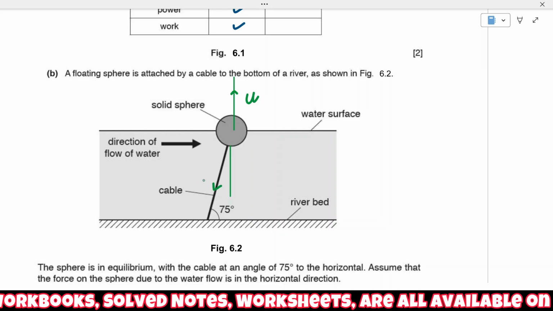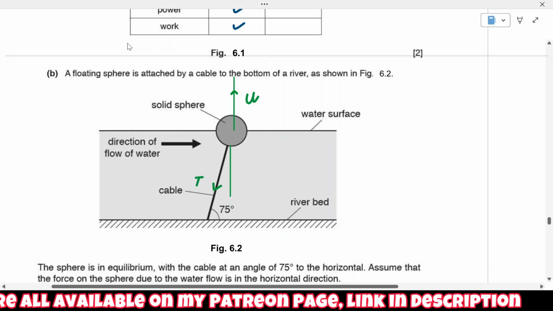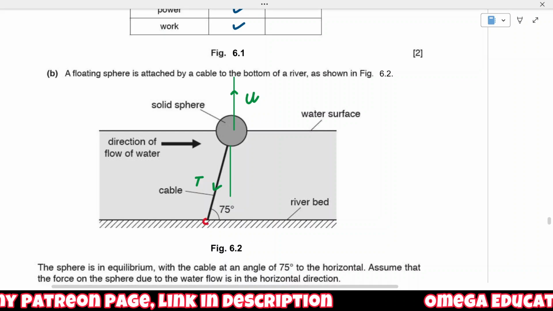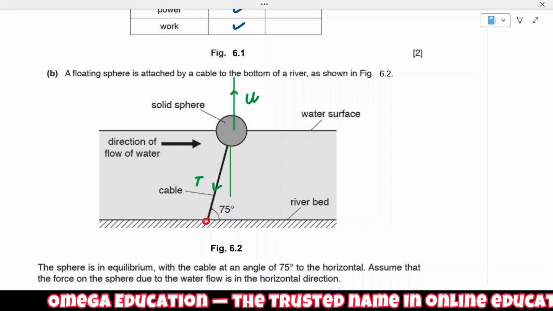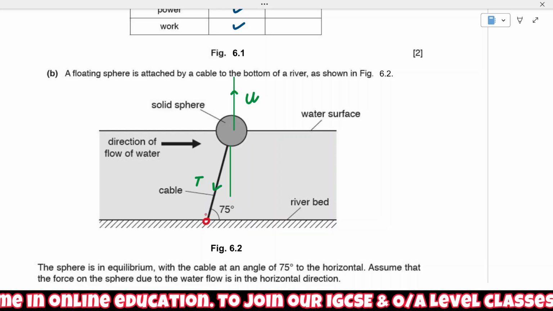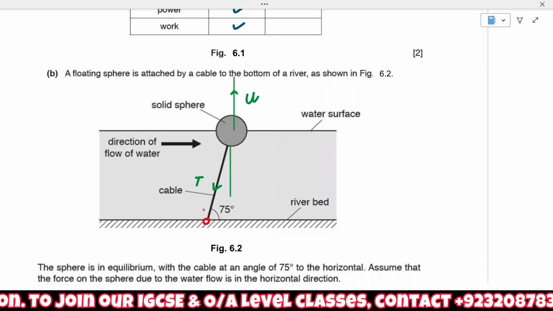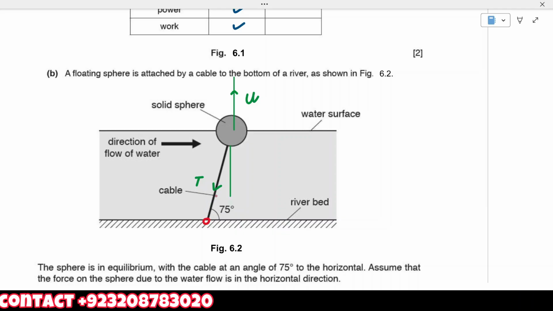So the tension is slightly in the bottom left corner. Tension is always towards the point of connection of the object with the surface. So tension is downward here, not vertically downward, but in the bottom left corner something.